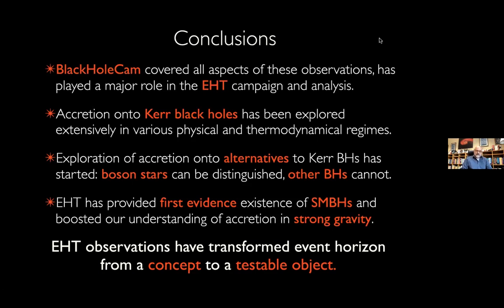Well, if you remember my slide on resolution, you can improve things either by going to smaller wavelengths, so higher frequency, and that's what we're doing now. We're making observations at 350 gigahertz versus the 230. And the other option is getting a larger planet. Well, you can't really get a larger planet, but you can go out of the planet.